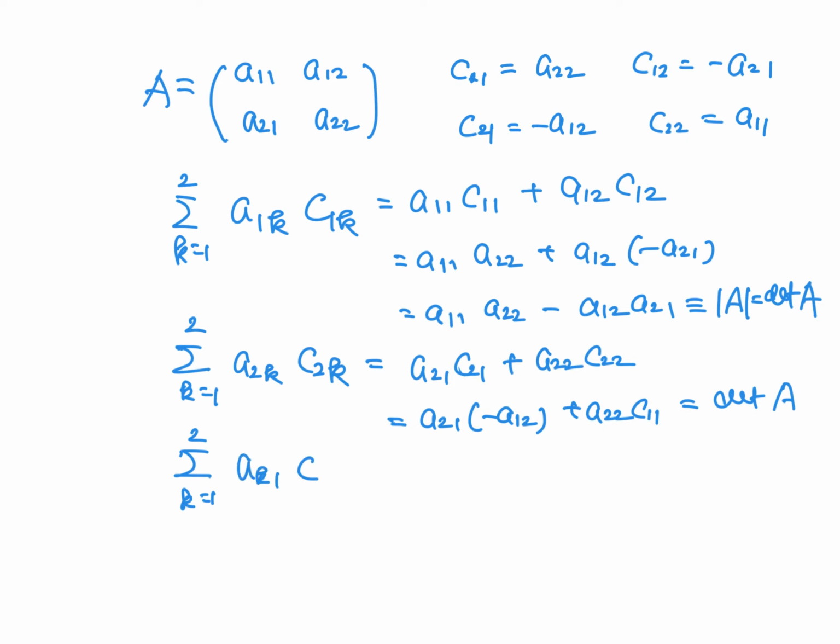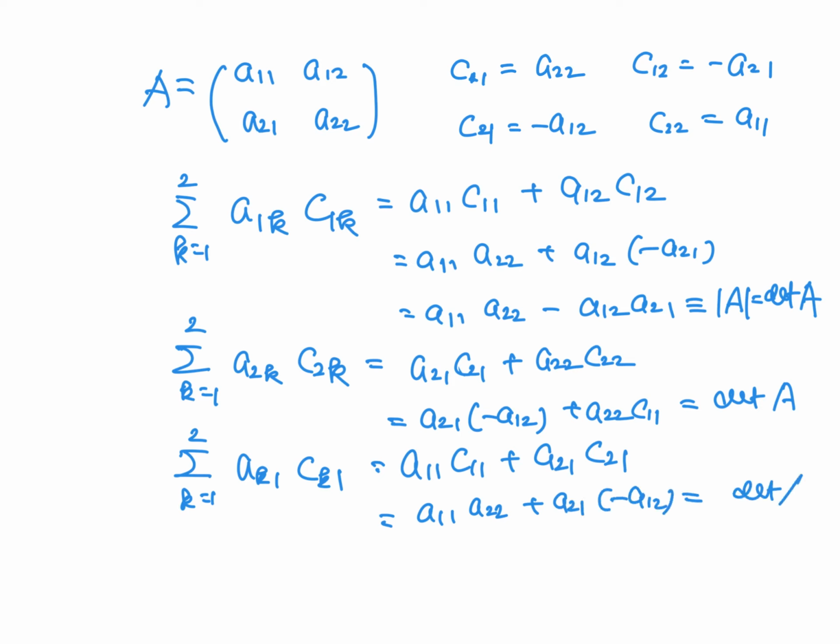The sum of A_k1 C_k1 is A11 C11 plus A21 C21, which is A11 A22 minus A21 A12, again the determinant of A. How about the other one?